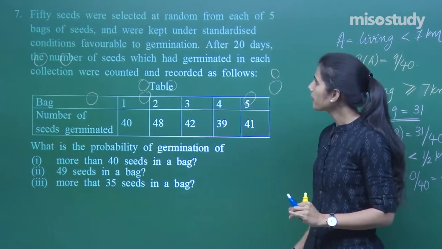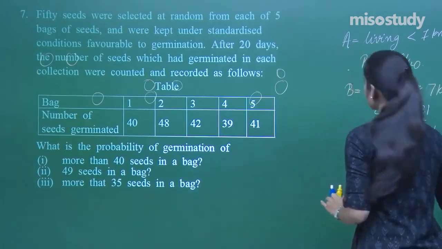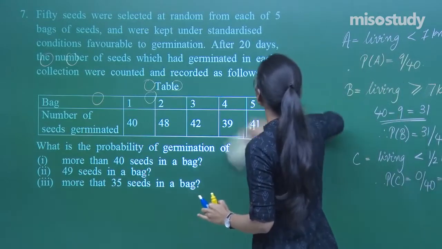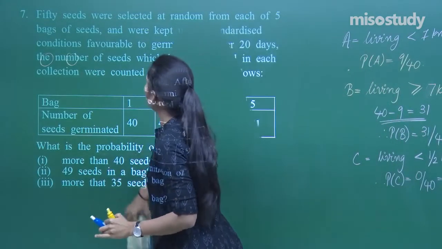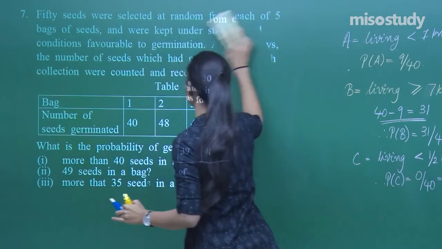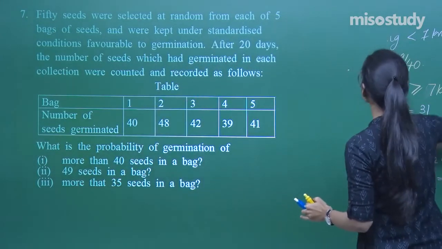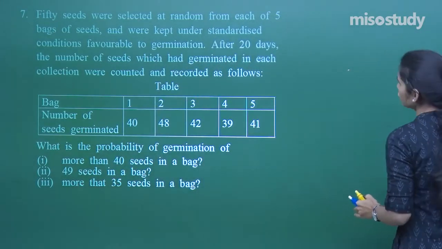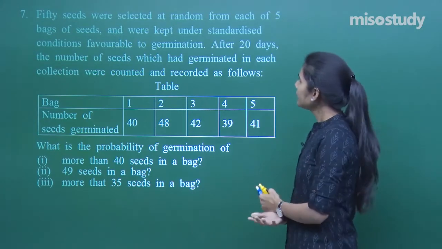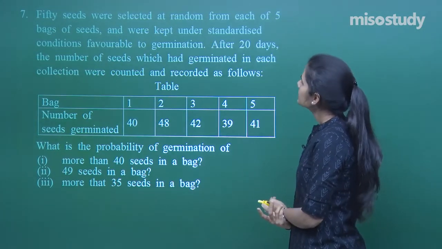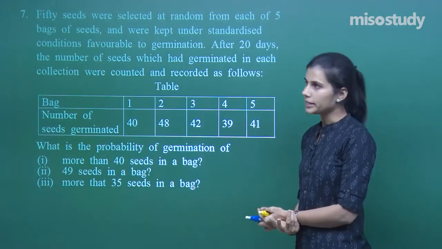Next, 50 seeds were selected at random from each of the 5 bags of seeds. So there are 5 bags of seeds, and I am selecting 50 seeds from each bag, and for 20 days I am keeping it under standardized conditions to germinate.